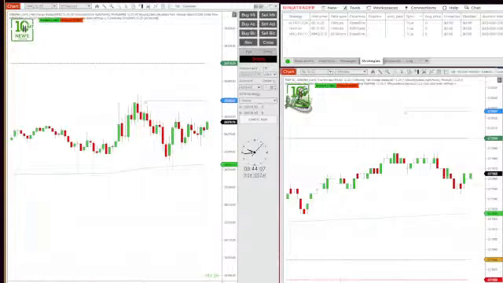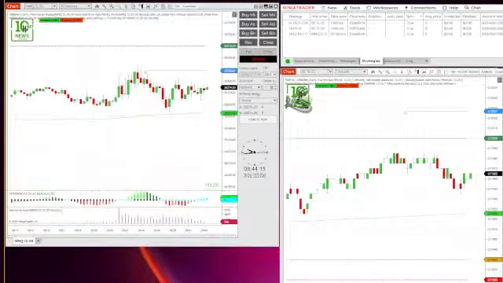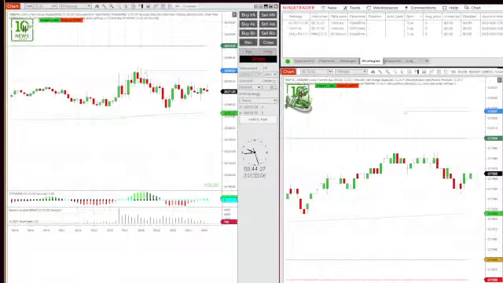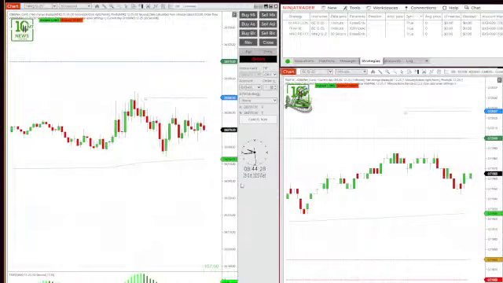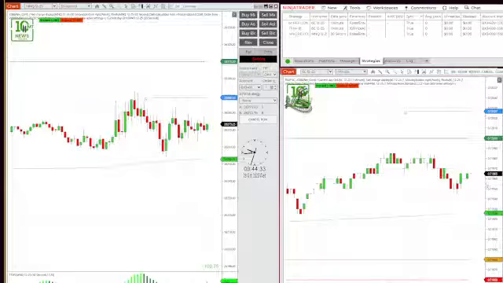All right. So, they're going to probably lower the rates, right? They're probably going to lower the rates. That's what everybody says. So, looking for a trap trade on this news.